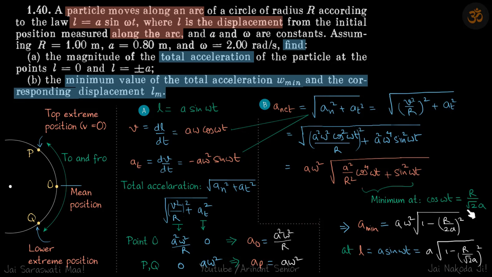And if the same value you put here, cos omega t is r by root 2A, so this will be A into root of 1 minus cos square omega t. If you put that value there, then you will get at what L a is minimum. That will be the answer of our second part.